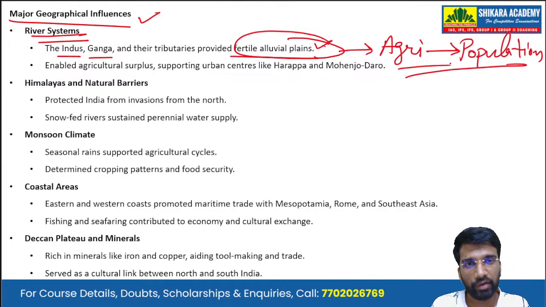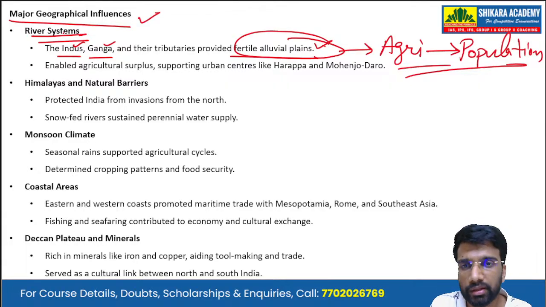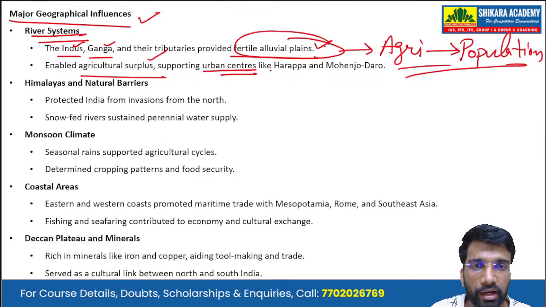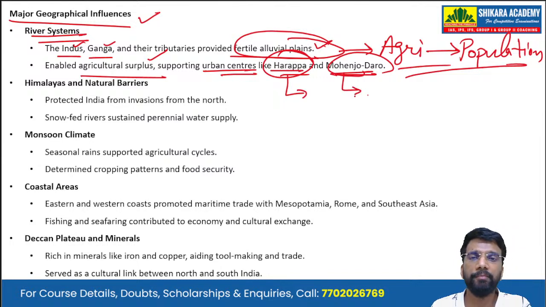Till now we can see that these fertile alluvial plains of the Indus, Ganga, and Brahmaputra are highly populated, with a very high population density. This enabled agricultural surplus, supporting urban centers like Harappa and Mohenjo-daro. Both of them are located in the Indus River system.